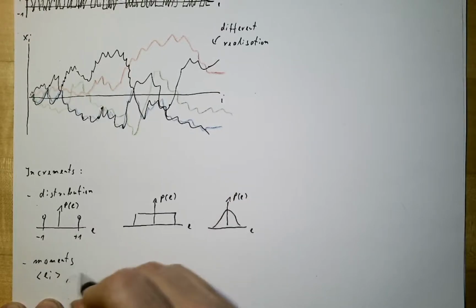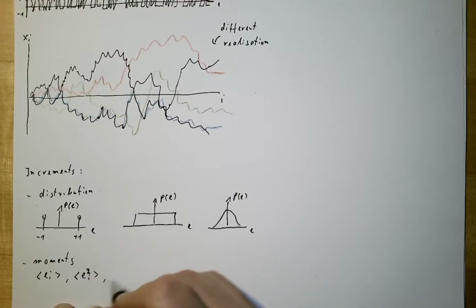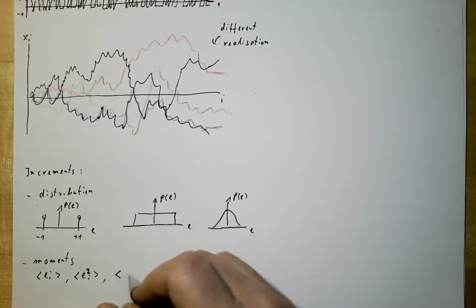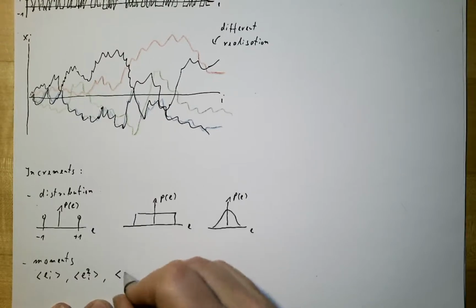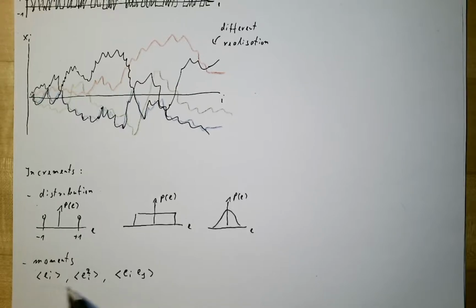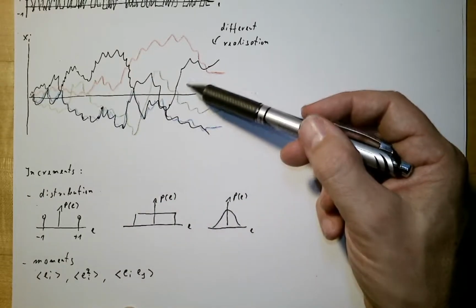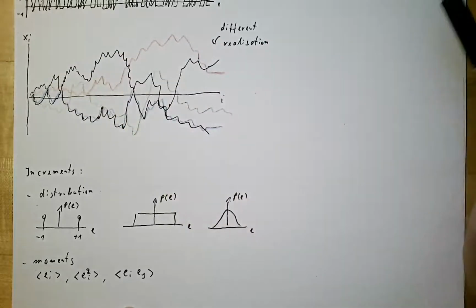Maybe we know something about the standard deviation, or the second moment. Maybe we know something about the covariance. We know something like this, so we know some moments of our increments, and then we would like to calculate the properties of our new random variable, the x.